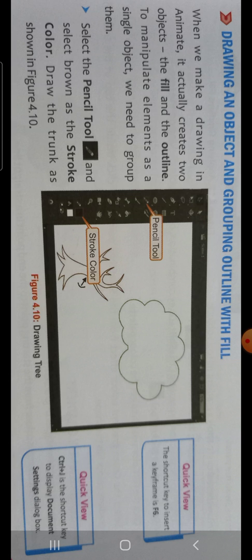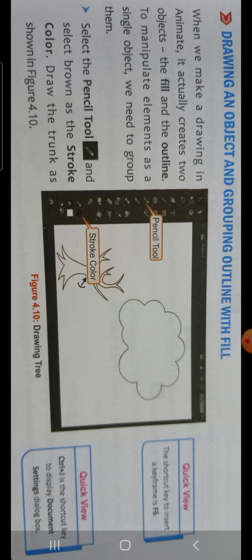So, whenever we make a drawing in Animate, it actually creates two objects. In the previous video, I explained about the stroke color and stroke and fill. For example, if we draw a rectangle, the border is termed as stroke and the area inside it is fill.